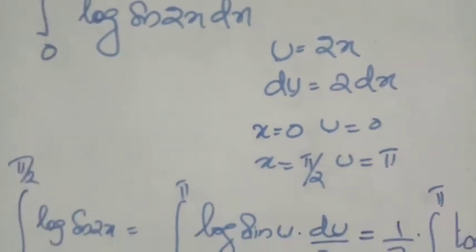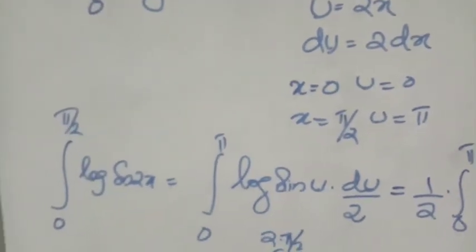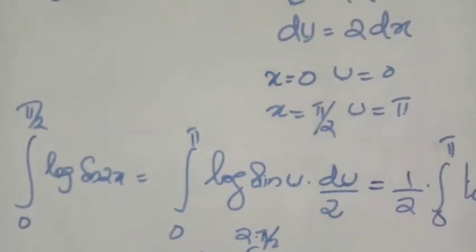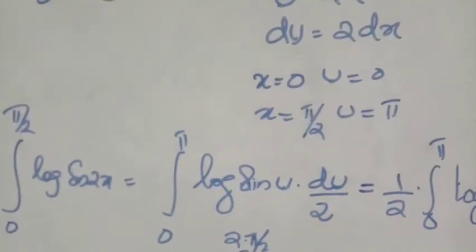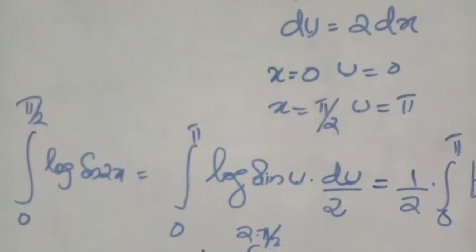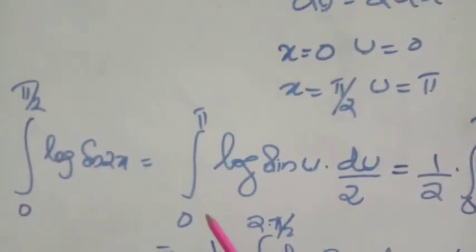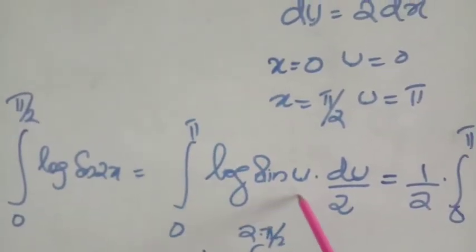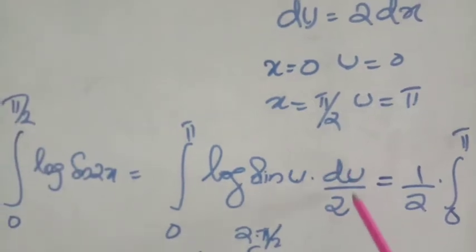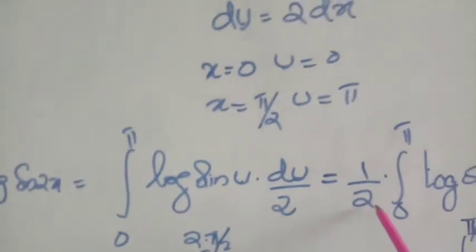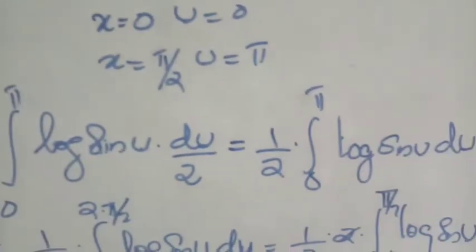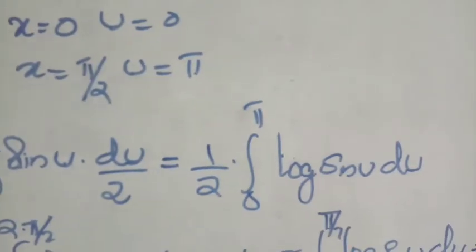Pi. Now integral 0 to pi by 2 log sin 2x becomes integral 0 to pi, since we have to change the limits, log of sin u into du by 2. Naturally we can take the half outside: half integral 0 to pi log of sin u du.